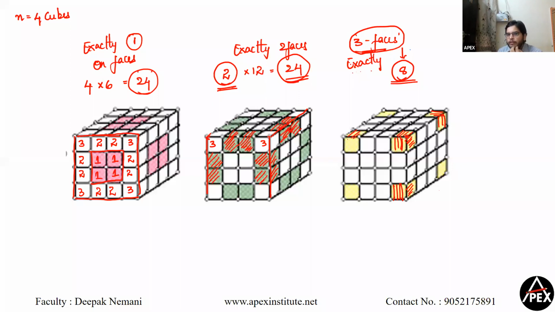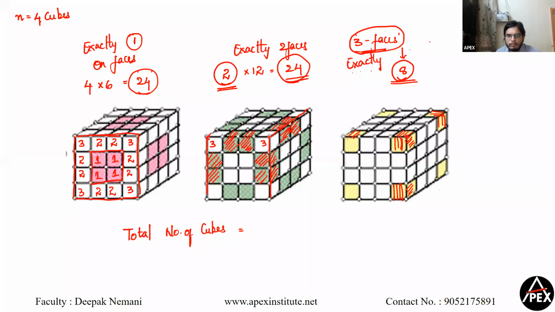Now tell me, can we have any cube with 4 faces painted? No. You cannot have any cube with 4 faces painted. Do we have any cubes with no face painted?